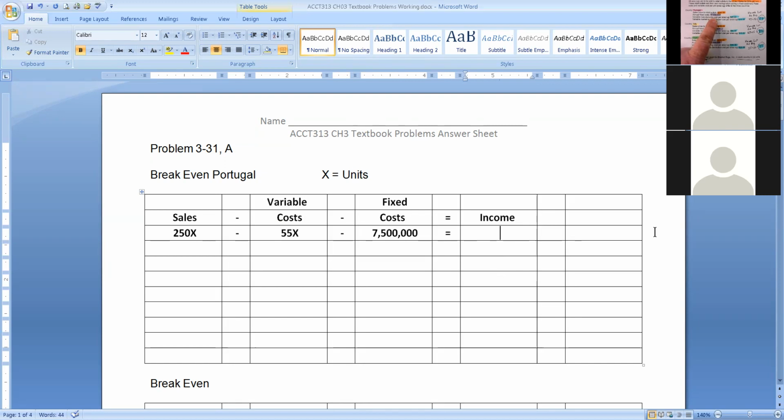And at break even, what income do we have? A little bit of a trick question, but what's the income at break even? Isn't it 0? Yep. So now we're going to solve this for X.